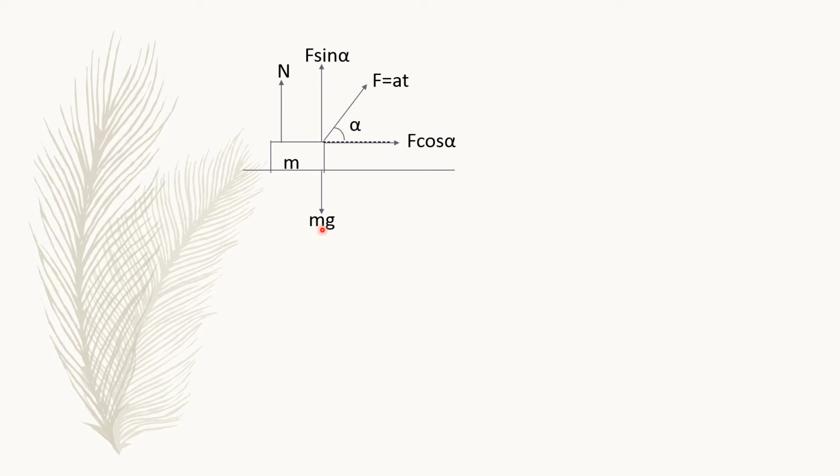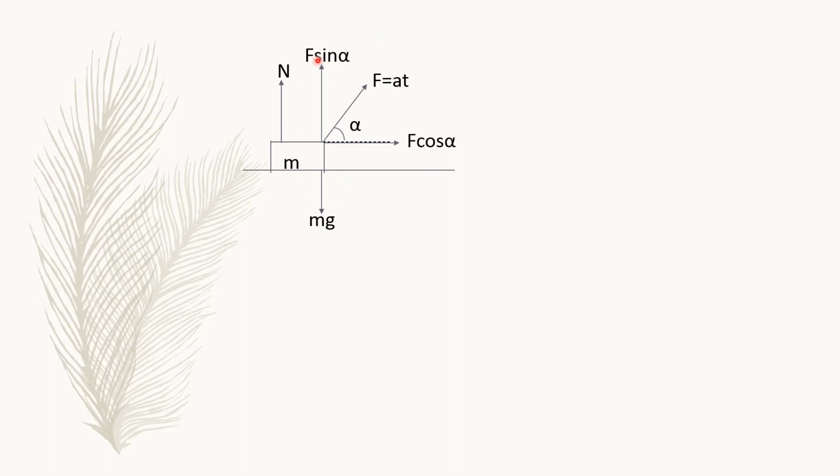At the initial time, when t is equal to 0, F sin alpha is 0 and F cos alpha is also 0. That means when t is equal to 0, N is equal to mg. As t is increasing, the F sin alpha component is gradually increasing.